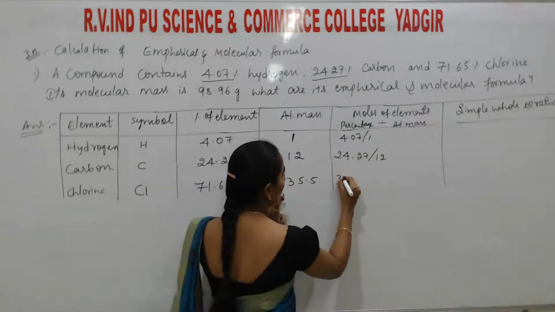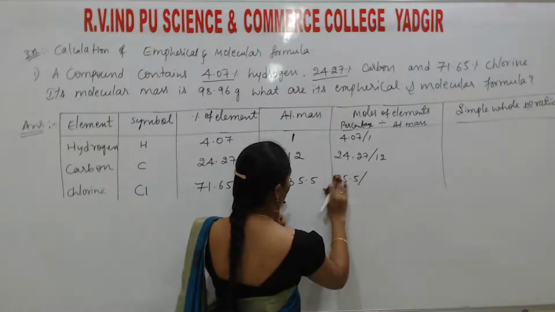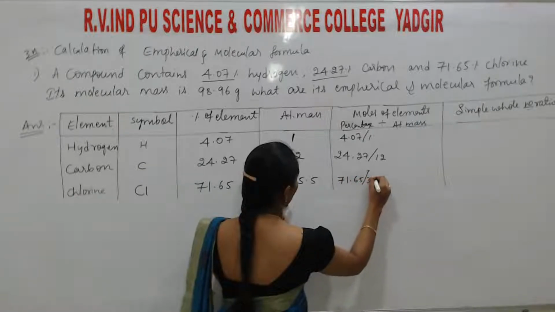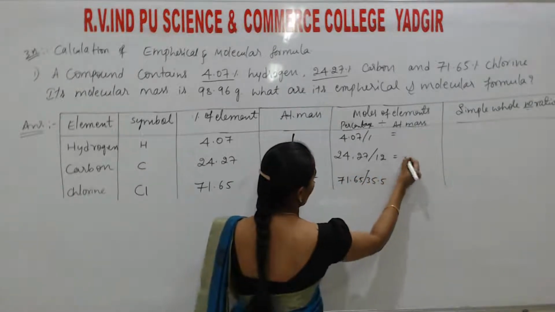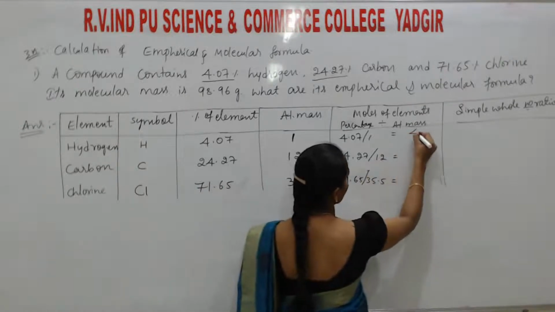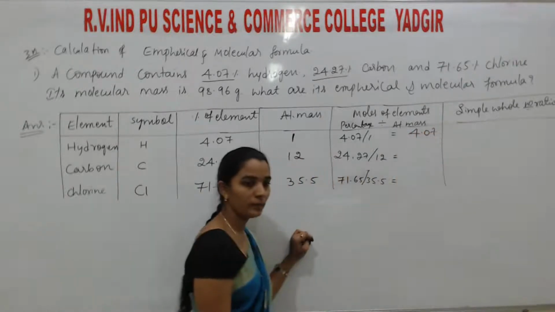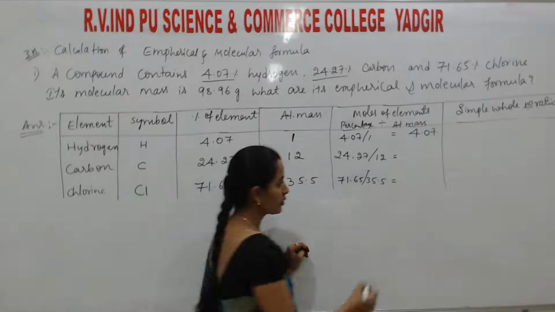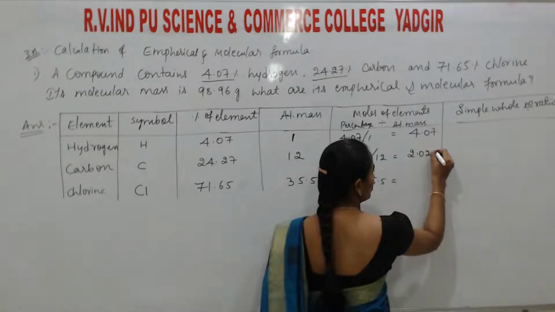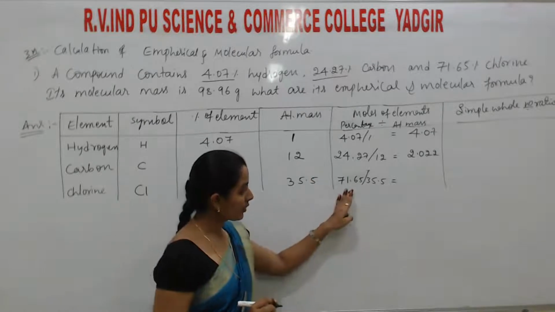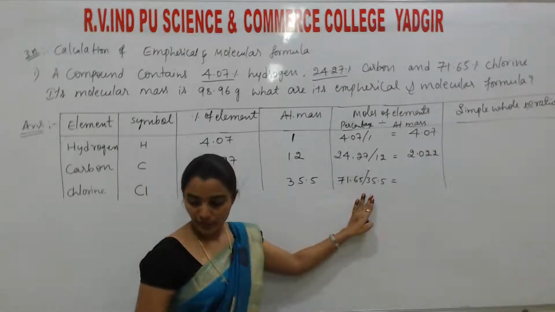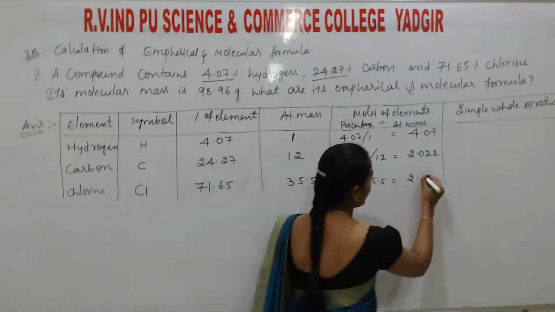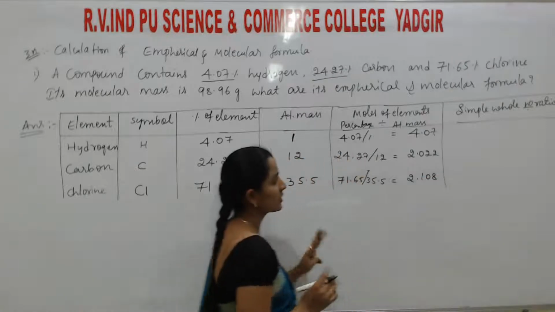Next, 71.65 divided by 35.5. You just write the answers here. 4.07 by 1 is 4.07 only. 24.27 divided by 12 is 2.022 only. 71.65 divided by 35.5 is 2.108. This is the value.